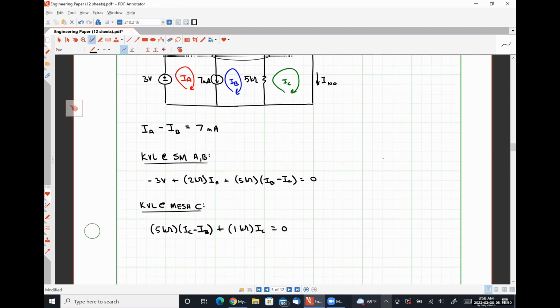All right. Anyway, so let's solve this 3-equation, 3-unknown system. So let's see, in my first equation, my coefficient for IA is 1, my coefficient for IB is -1, my coefficient for IC is 0, and my constant term is 0.007.